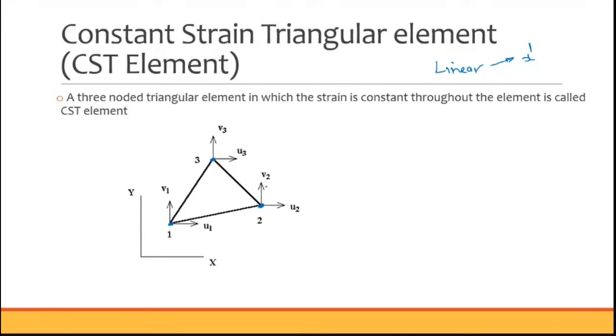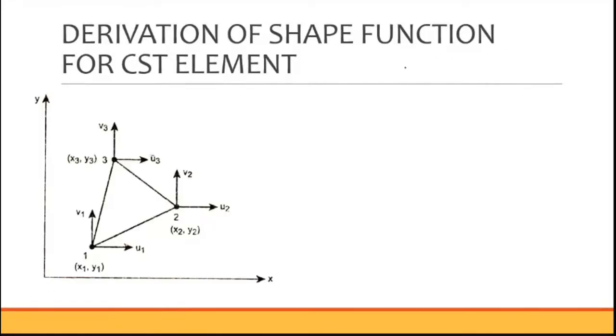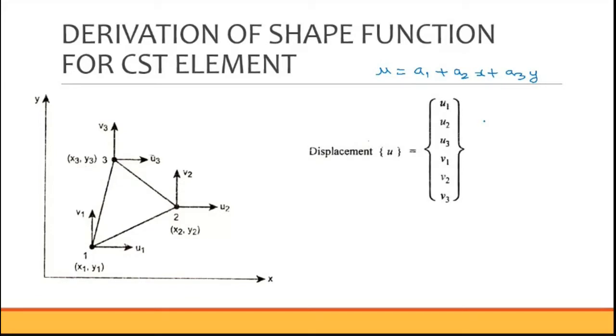So you look at this. This is related to the x-axis and y-axis. If I write my trial function, it will be like u is equal to a1 plus a2x plus a3y, right? Because in terms of x and y it is linear, so it should be in terms of x and y. That is my trial function.